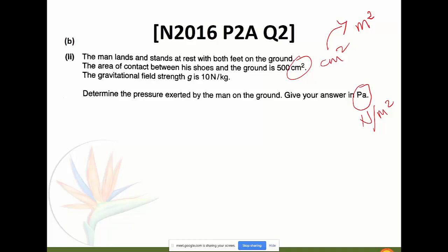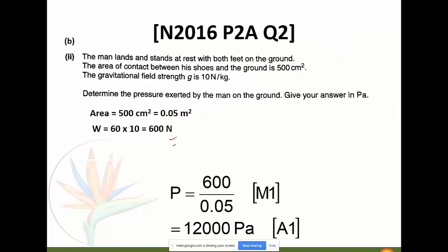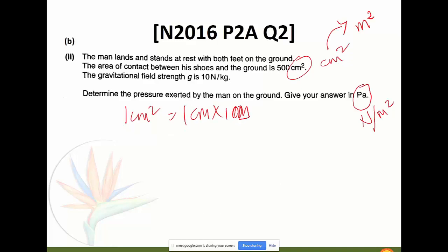Okay, my strategy is that 1 cm square equals 1 cm multiplied by 1 cm, correct or not? Then that equals 0.01 m by 0.01 m, right?